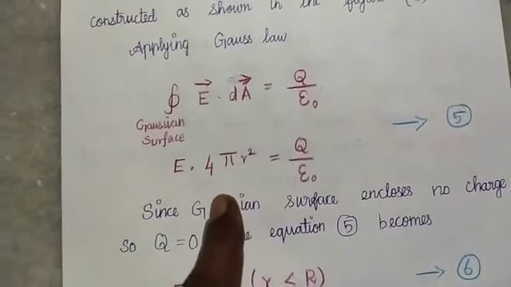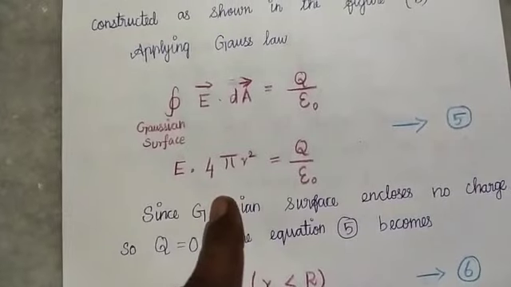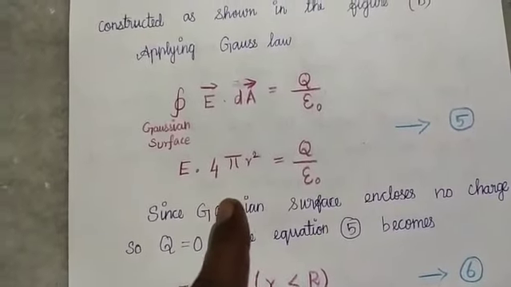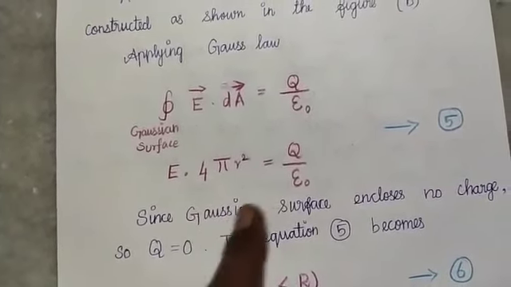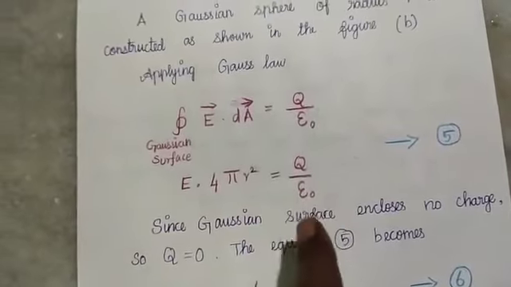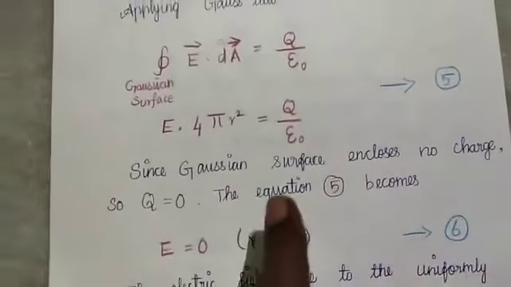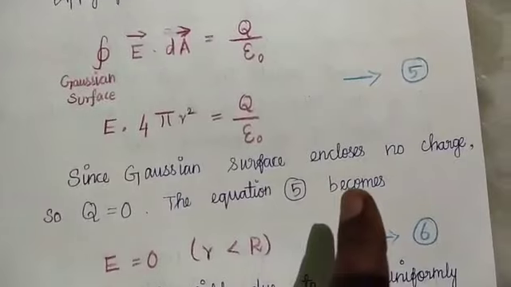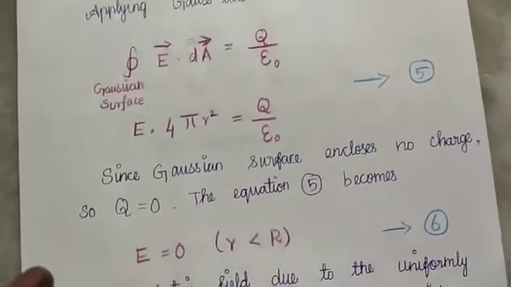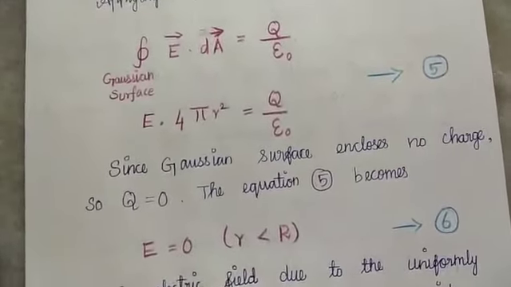So E into 4 pi r square equals q by epsilon naught. This is Gauss law. Since the Gaussian surface encloses no charge, q is equal to 0.